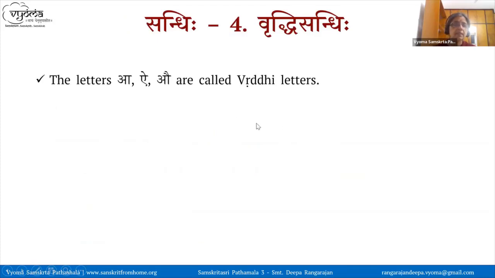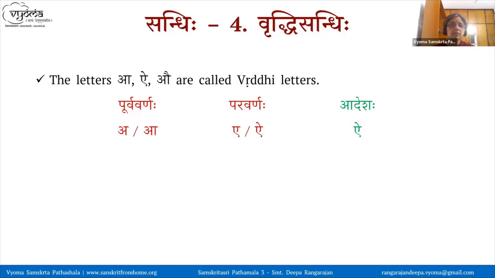Next we go to Vriddhi Sandhi. Akara, Aikara and Aukara are called Vriddhi letters. In Guna or Dirgha, we saw that the type of letter which replaces gives its name to the Sandhi. When we replace two letters with a dirgha, we called it dirgha sandhi. When we replaced two letters with a guna letter, we called it a guna sandhi. Similarly here, when two letters are replaced by aikara or aukara, which are vriddhi letters, we will call it a vriddhi sandhi.